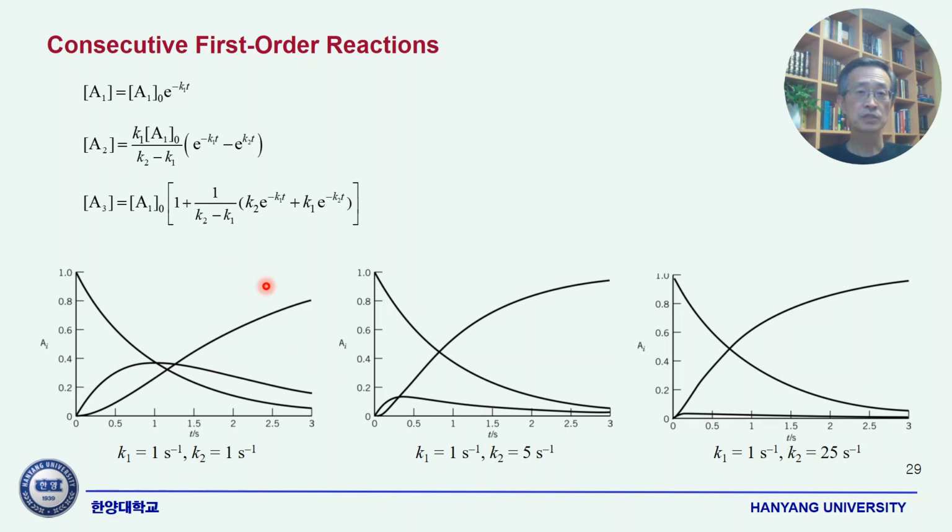If k2 is faster than k1, then a2 is consumed much faster, so a3 grows faster and a2 does not really grow much. With k2 equal to 5, and even 25, a2 is very small in concentration and a3 grows faster than previously. So you see how it works.